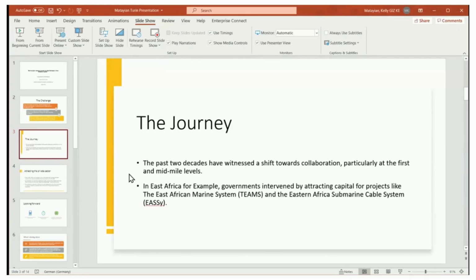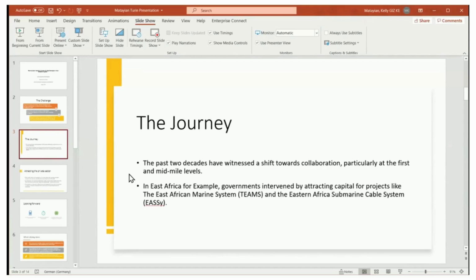For example, the laying of the first undersea fiber cable, we saw that it took government intervention, which led to the laying of the Thames undersea cable, and this was done deliberately by the government of Kenya, and which was followed by the East African submarine cable.